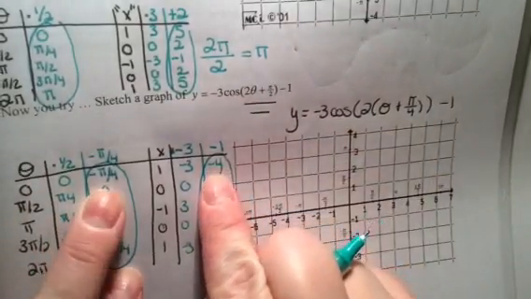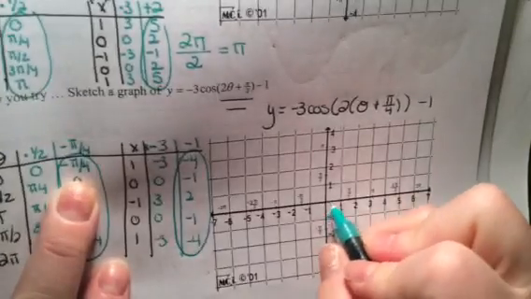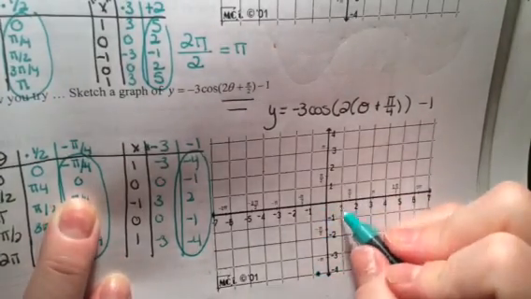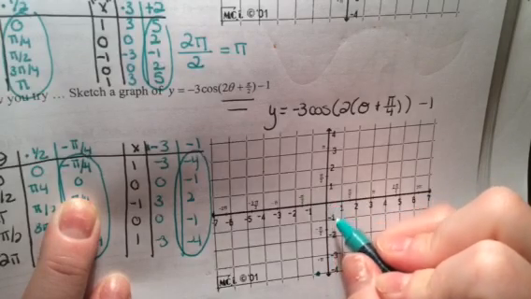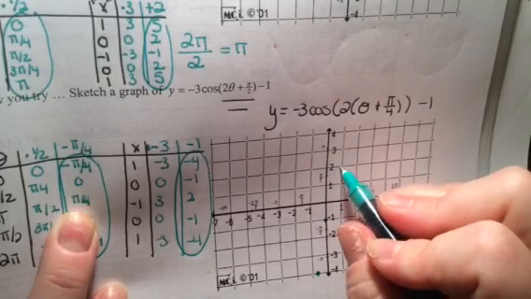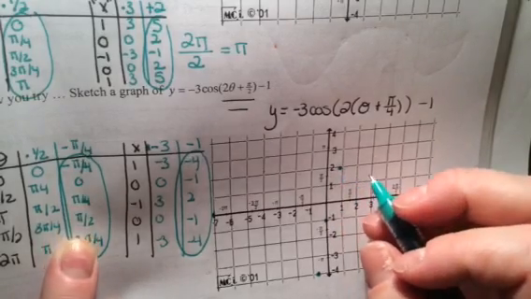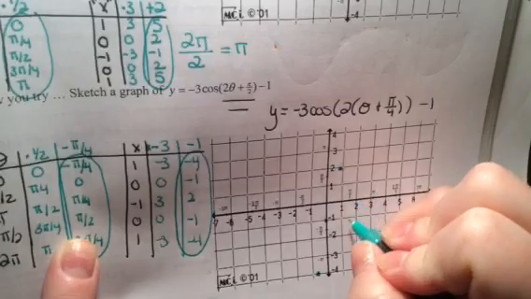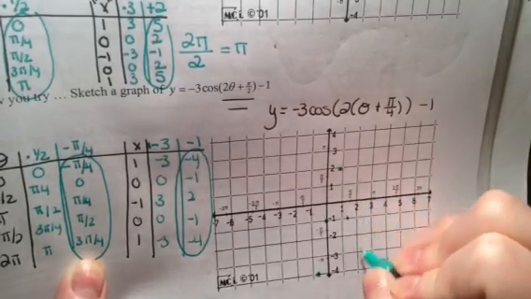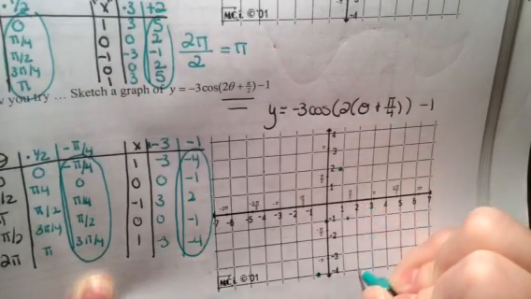I'm going to graph. At negative pi over 4, I'm at negative 4. So negative pi over 4, negative 4. At 0, I'm at negative 1. At pi over 4, I'm at 2. At pi over 2, I'm at negative 1. And at 3 pi over 4, I'm back down at negative 4.